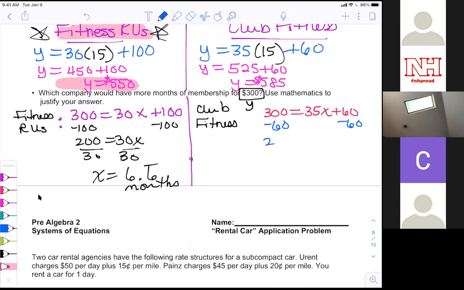That gives us 240. And then we would divide both sides by 35. And I have 6.85, 6.9.